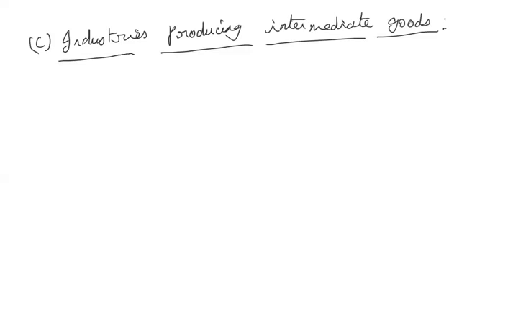They are semi-finished, unfinished products. They have to be further processed. Okay. So there must be some industries that are creating those intermediary goods. With the help of intermediary goods only, the final products can be created. Okay. So these industries produce the intermediate goods.